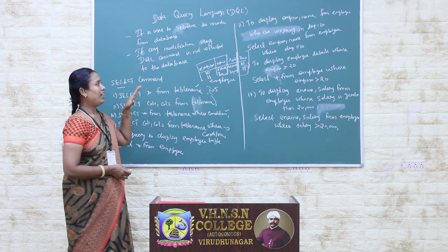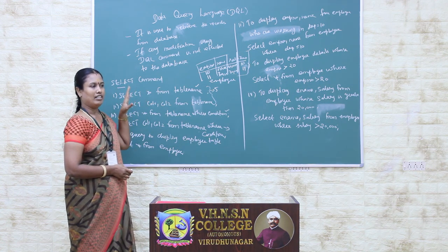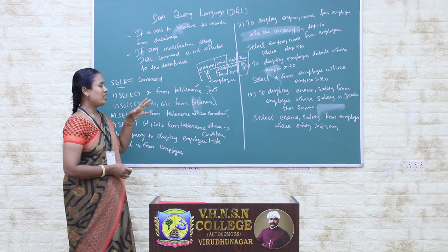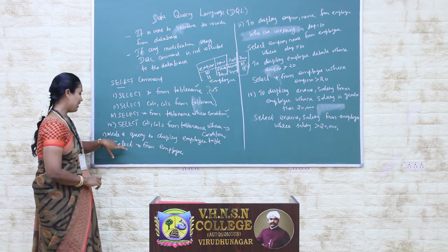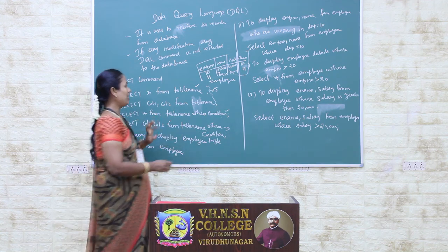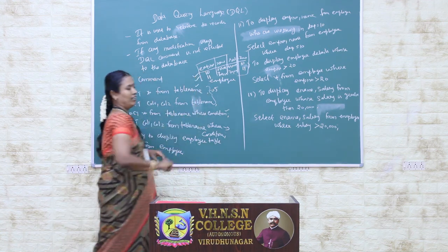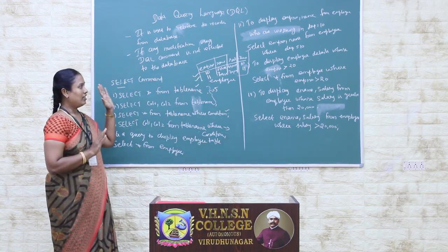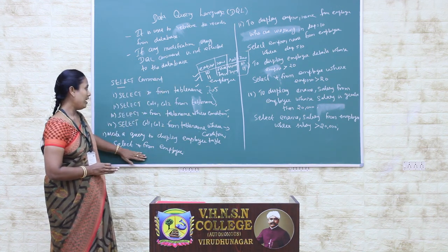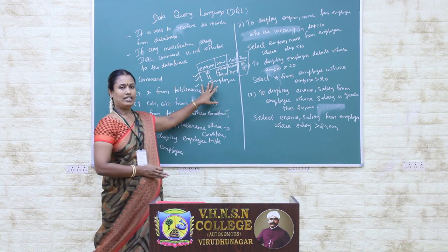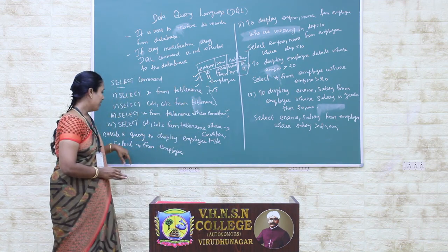In real life, each and every company or organization has many employees. After the execution of SELECT * FROM employee, I get the result of these 2 records, the entire table. After executing this query I get the result of this table. This is the output for the first query.